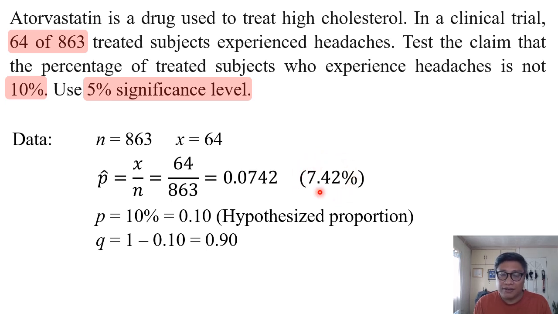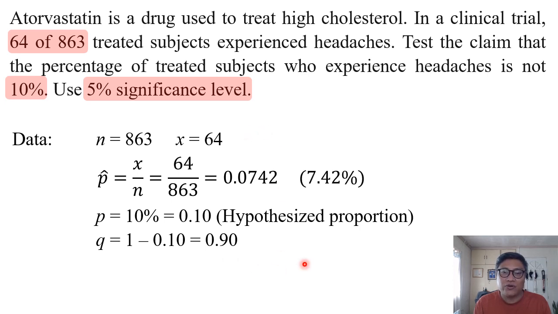But if the 7.42% is not really equal to 10%, it means that it is really less than 10%. That's the actual value. Of course, our hypothesized proportion is 10% because this is typically found in the claim, and its complement, class, is 90%. So if 10% is 0.10, then q is 0.9.